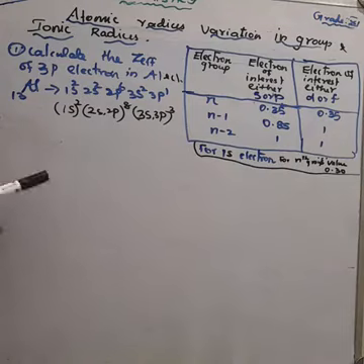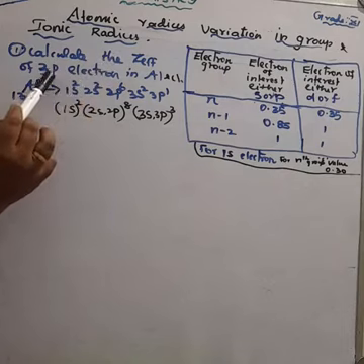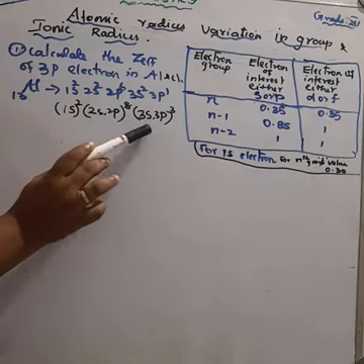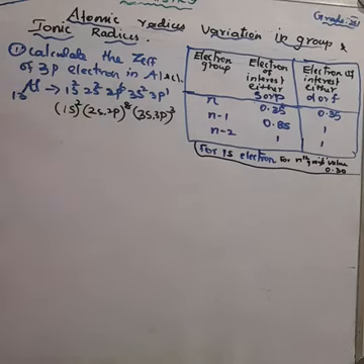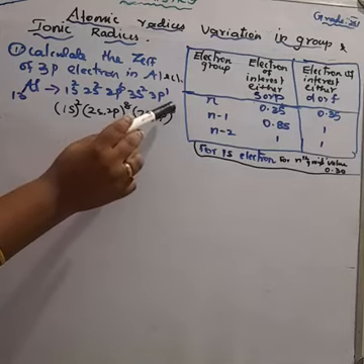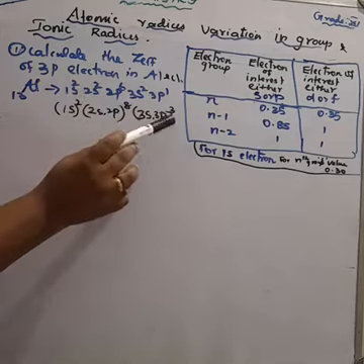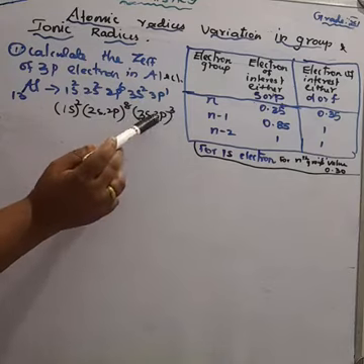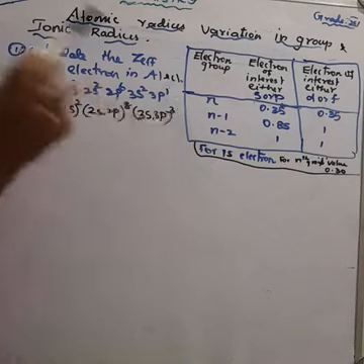Calculate the effective nuclear charge on a 3p electron. So for this 3p electron you are going to calculate the effective nuclear charge. 3p means the s and p orbitals grouped together, so totally 3 electrons are there.